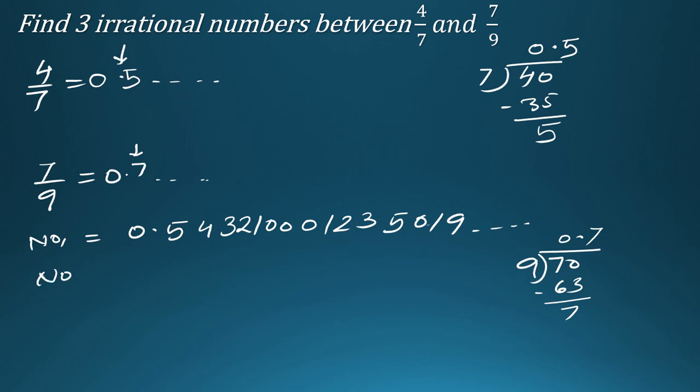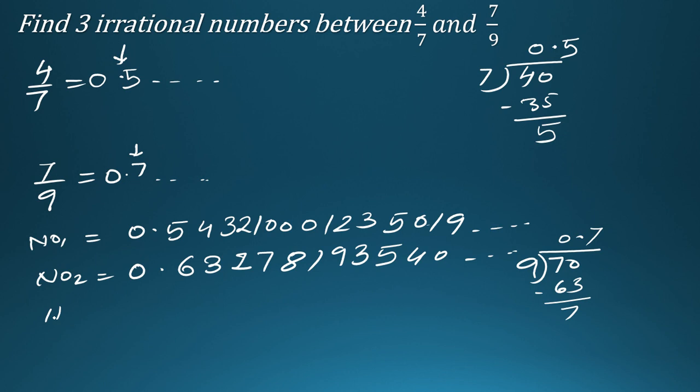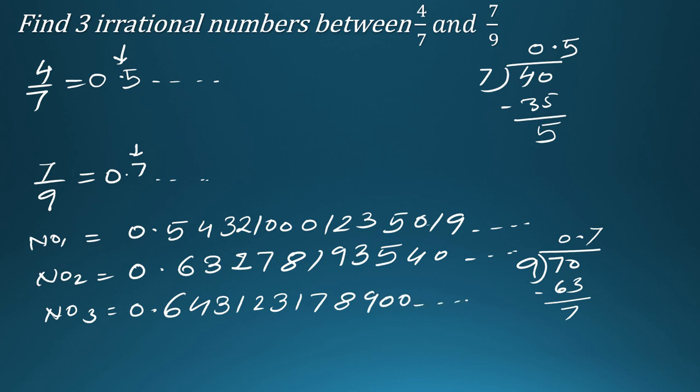And another number can be 0.6327819350 like this. And the last number can be 0.6431231789. But remember, you will not make any pattern here, okay? Because if you make a pattern of repeating decimals, it will become a rational number, okay?